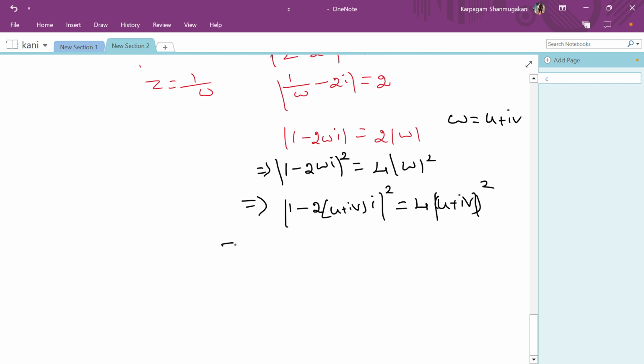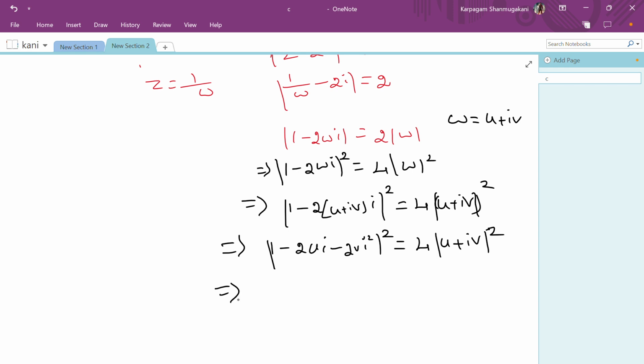Then split the real and imaginary parts in both LHS and RHS. 1 minus 2u i, multiply the i into inside the bracket, so minus 2v i square. i square value is minus 1, so minus into minus plus 1.